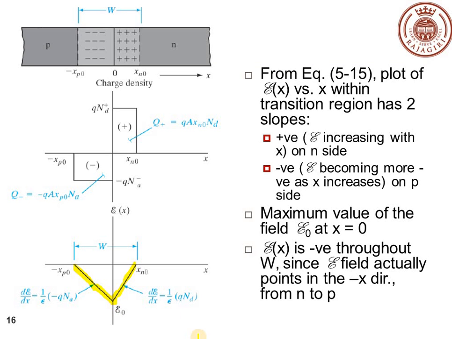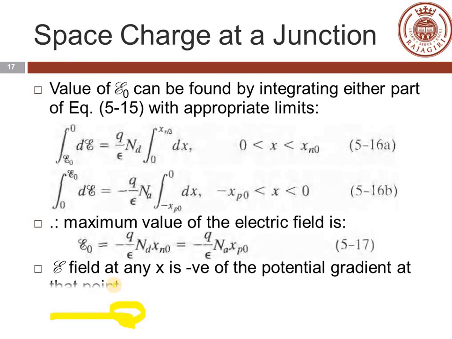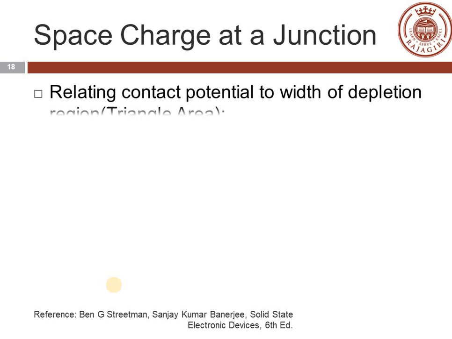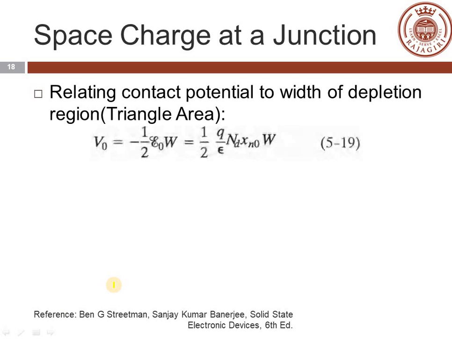The area of a triangle is 1/2 b h, where b is W and h is E0. So we can write V0 equal to minus 1/2 E0 W.